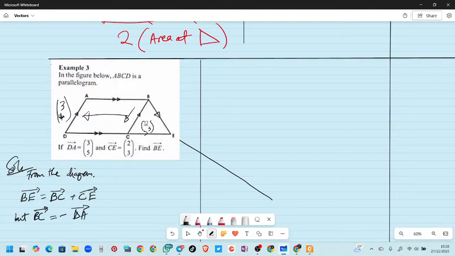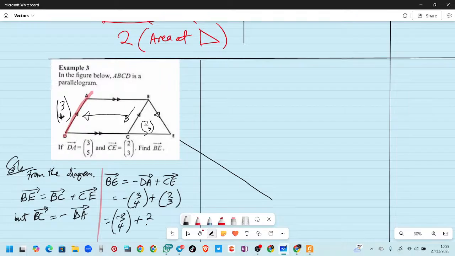The vector DA, from D moving to A. So it means that if you're going to write it down, BE is going to be negative DA plus CE. And negative DA is negative 3, 4 plus CE, which is 2, 3. Negative 3, 4 plus 2, 3, which eventually gives you negative 1, negative 1.